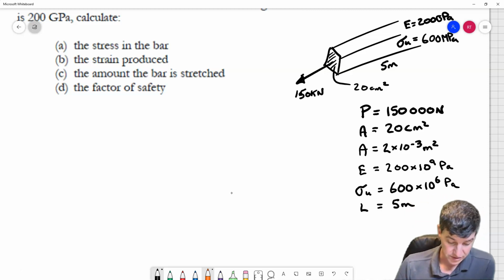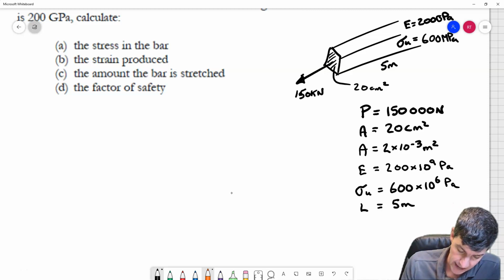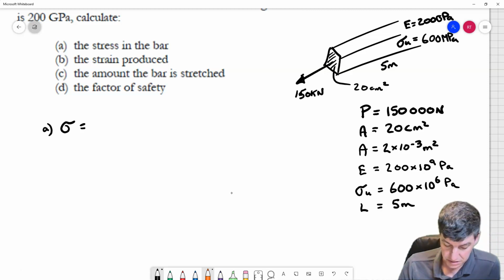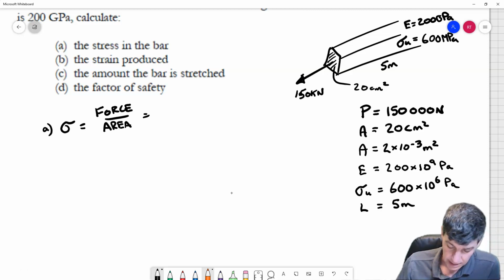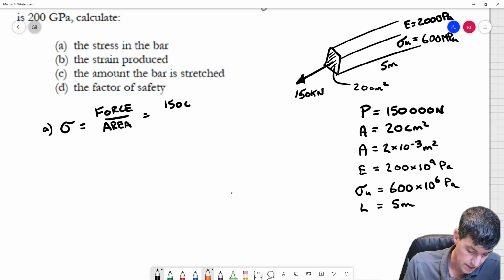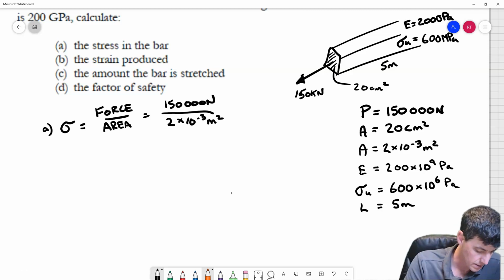Okay, so we want to find the stress in the bar. It's being pulled axially, in the normal direction, so the stress they would refer to is a normal stress. Stress is the force spread out over the area, which is 150,000 newtons divided by my area in square meters, 2 times 10 to the negative 3 meters squared.